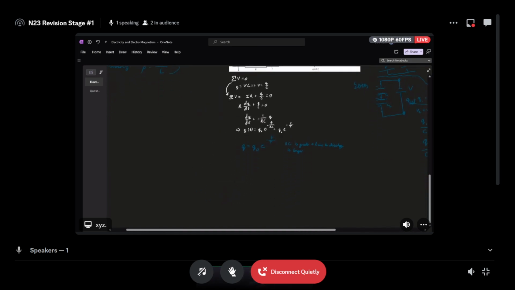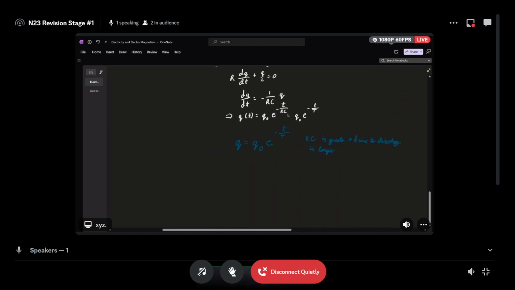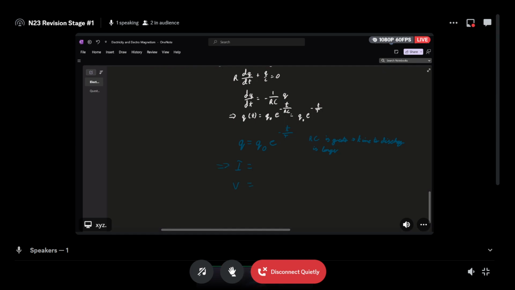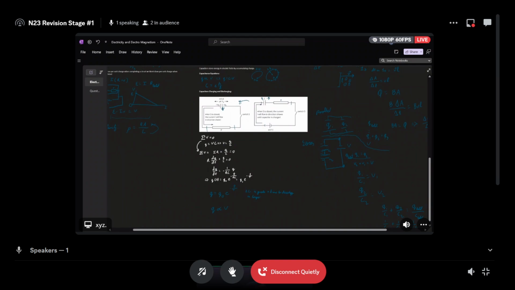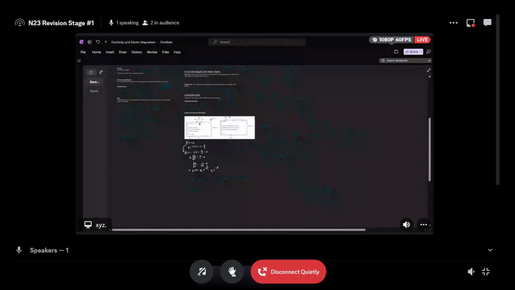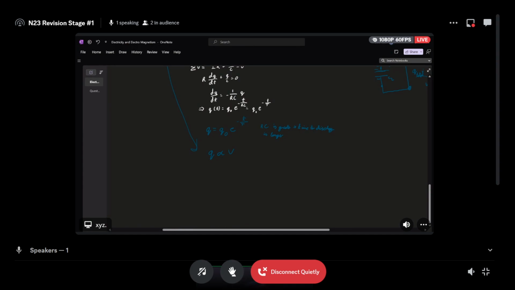Okay, and this equation can simply be expanded to the current and voltage equations because we know the relationship. Well, we know that Q is proportional to V from this. And then because we know Q is proportional to V, we know that Q is also proportional to I because V equals IR.